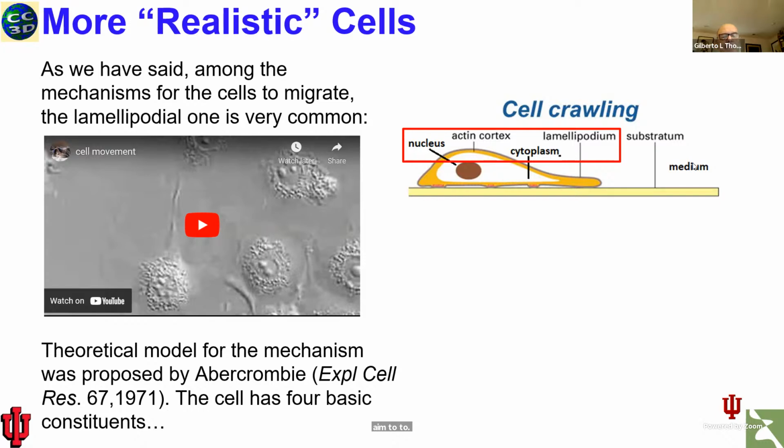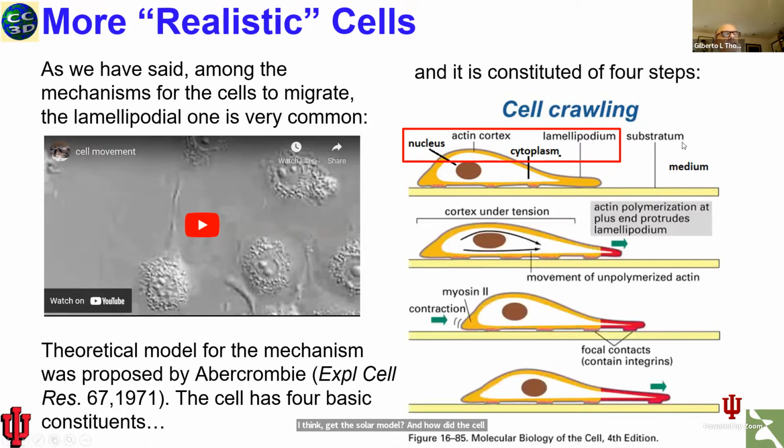Okay, that's our model. And how does the cell move in this model? Oh, it's well known. There is some protrusion here. The leading edge of the cell, the lamellipodium, moves forward, attaches itself to the substrate, creating focal contacts.